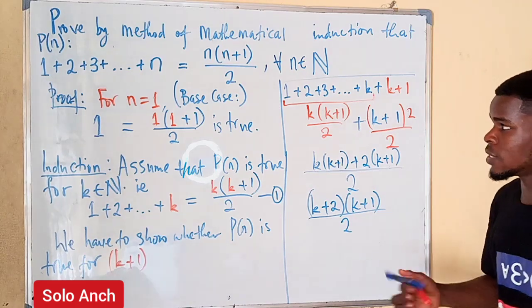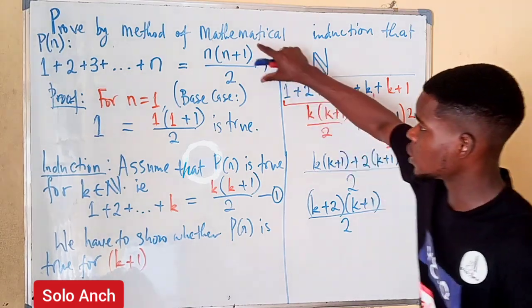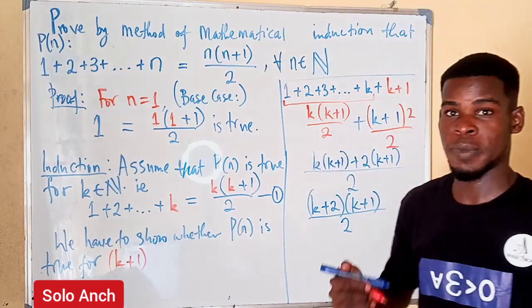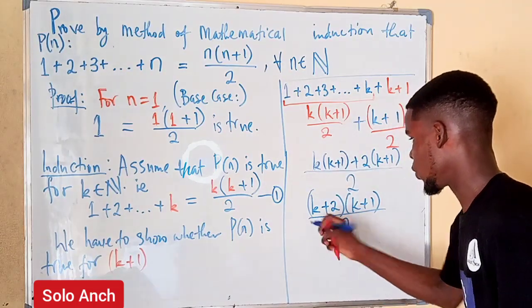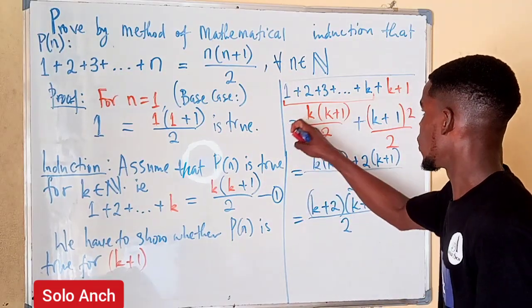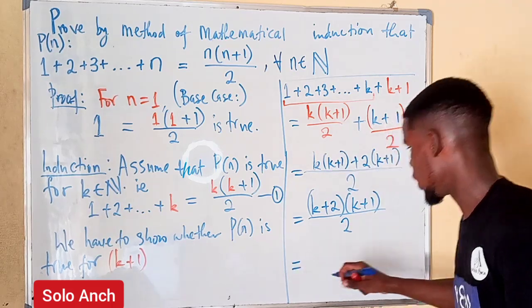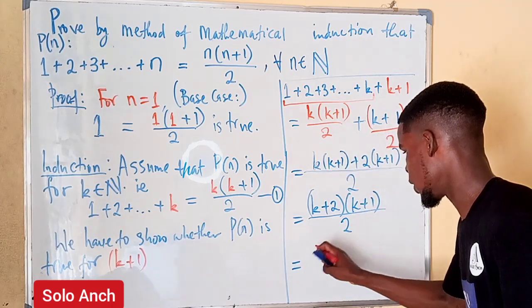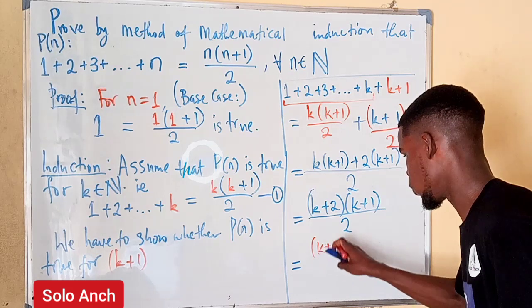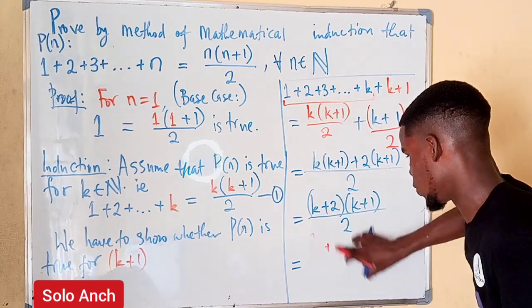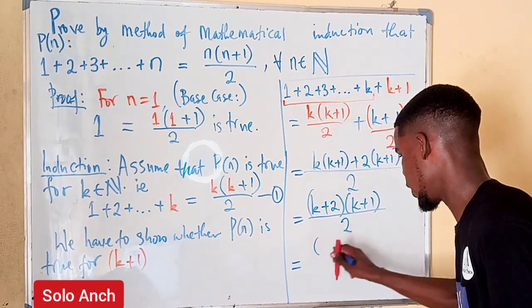Good. Now notice that we can rewrite this to have this form, where each of these n's will be replaced by k plus 1, and this is how we're going to do it. I'm going to put down k plus 1 first. We have two brackets, right?